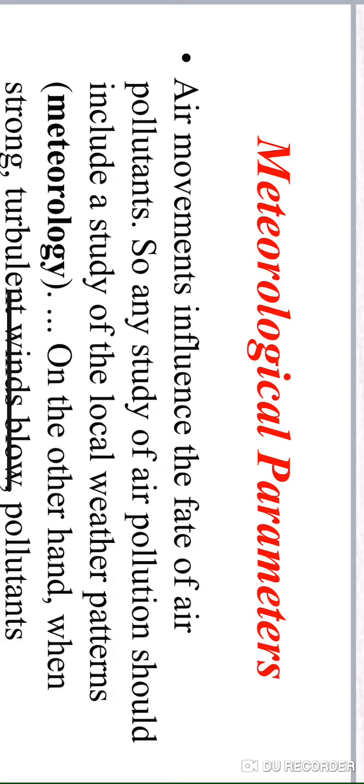What is meant by point sources and non-point sources? Point sources are pollutants emitted from a specific point into the atmosphere, for example the stack or chimney of any industry. That is the point source.